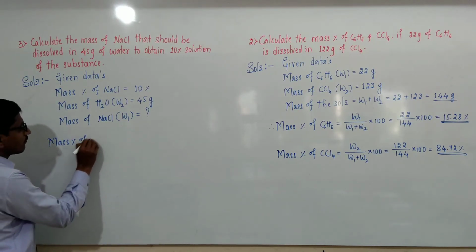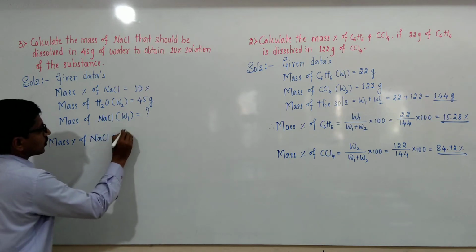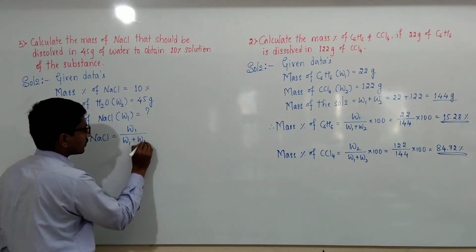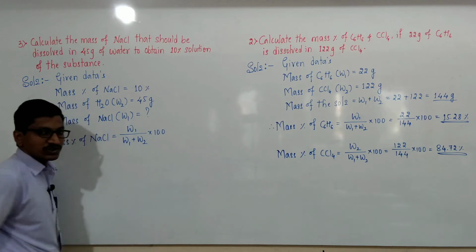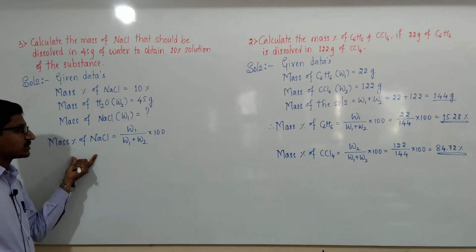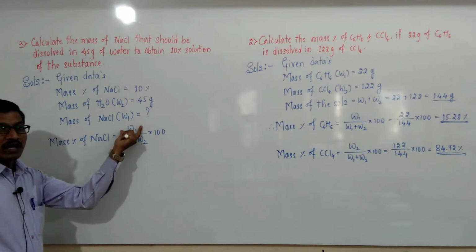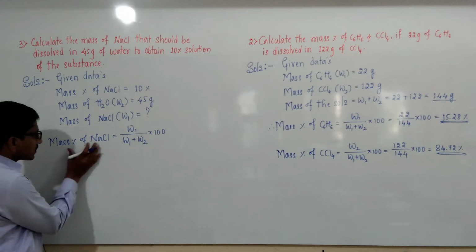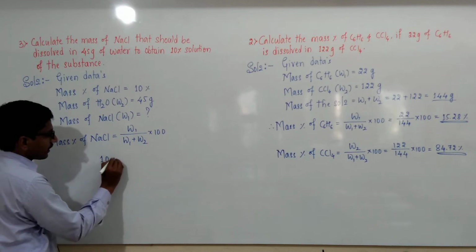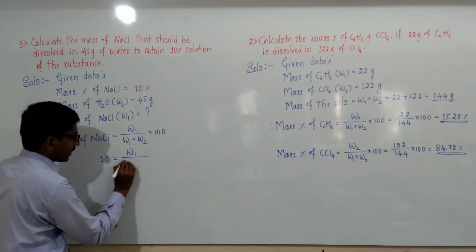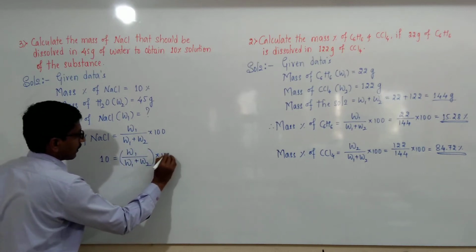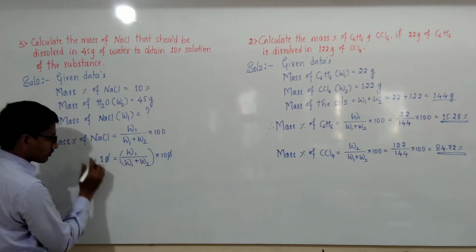Mass percentage of NaCl is equal to, formula is W1 divided by W1 plus W2 into 100. This is the formula to calculate mass percentage, but they have given mass percentage and we have to calculate mass of sodium chloride. Substitute the value of mass percentage of NaCl and W2. This is 10 equal to W1 divided by W1 plus W2 into 100. Cancel and cross multiply.